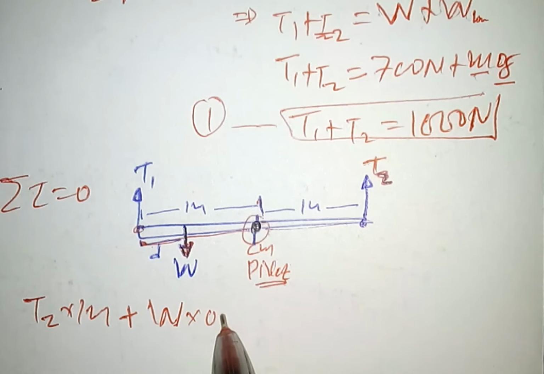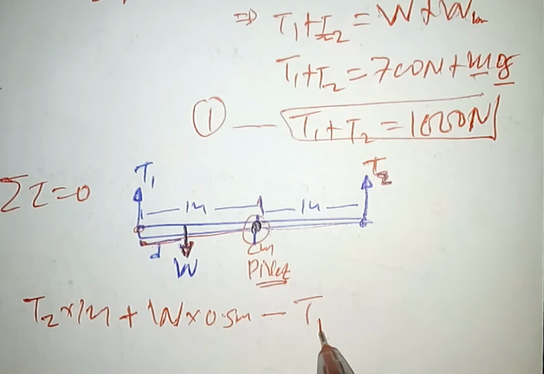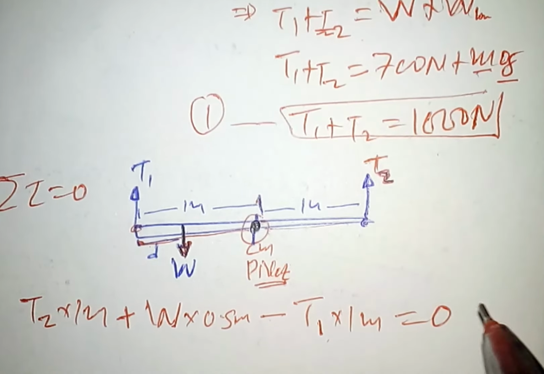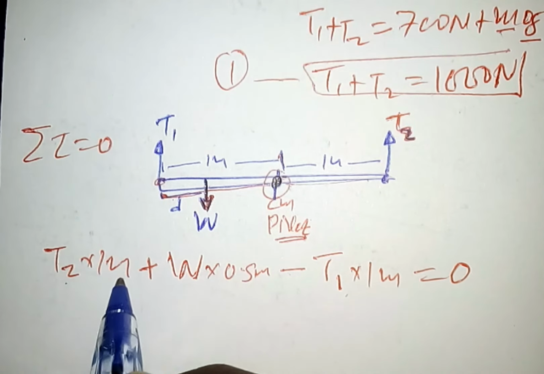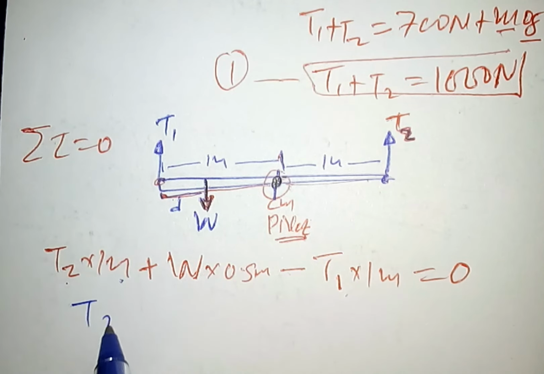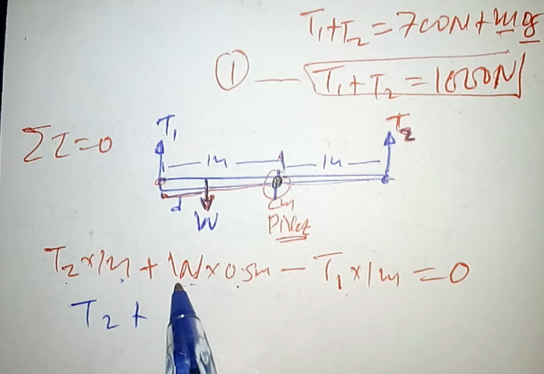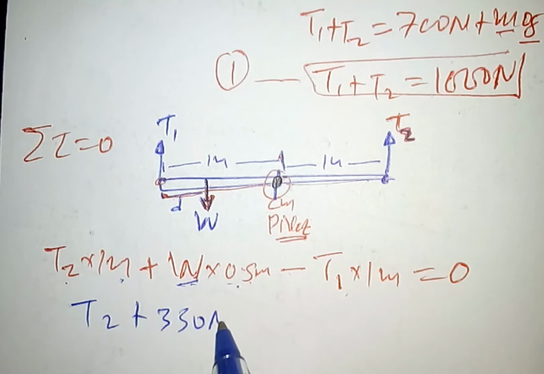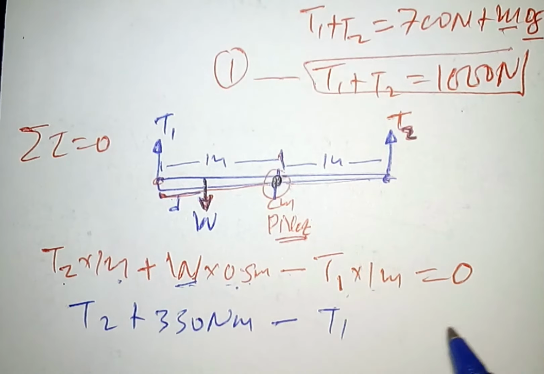So W times 0.5 meter minus the clockwise torque T1 times 1 meter is equal to 0. Then rearranging, T2 times 1 meter is simply T2, plus W times 0.5, where W is 700, gives 350 Newton meter, minus T1 times 1 meter, which is T1, equal to 0.